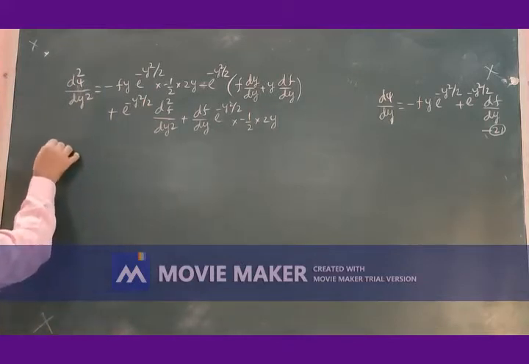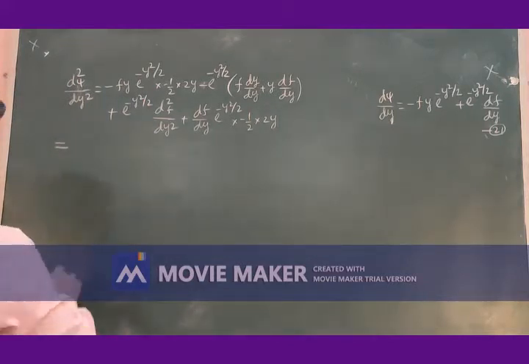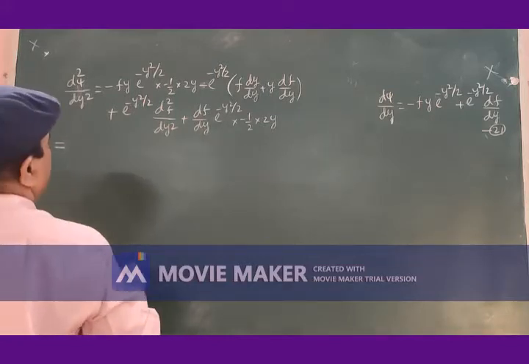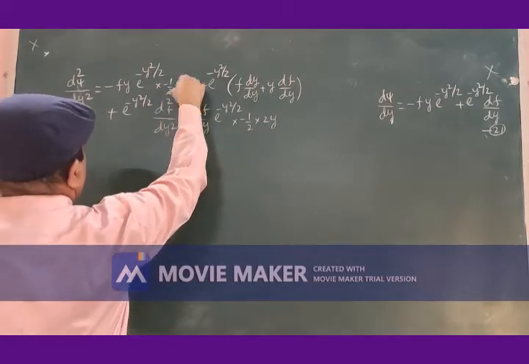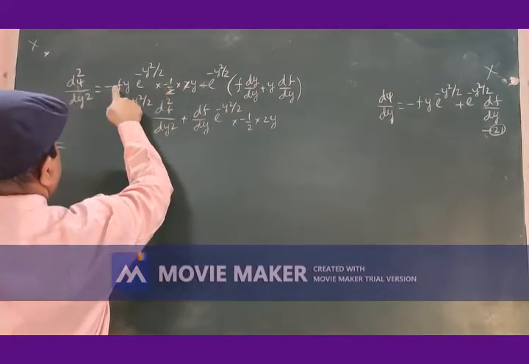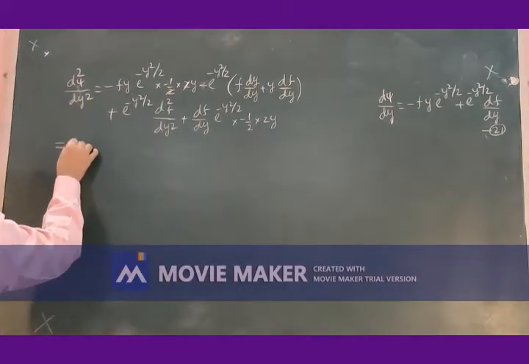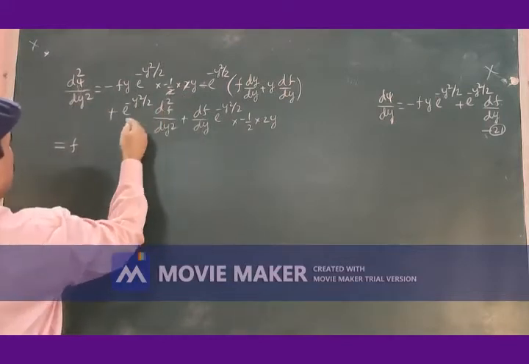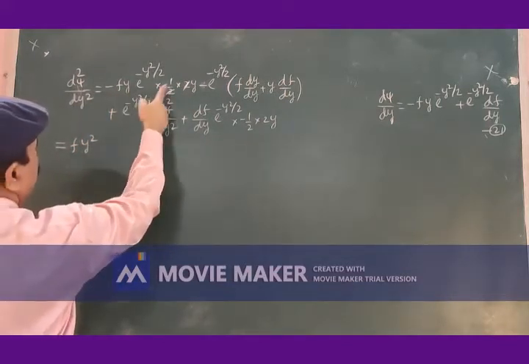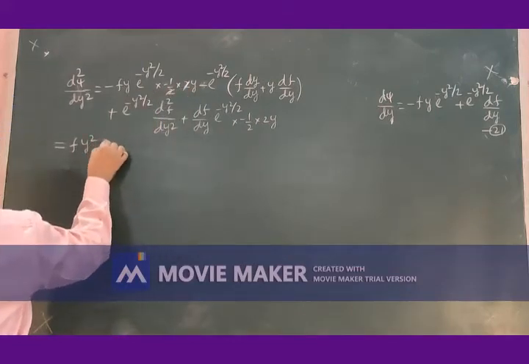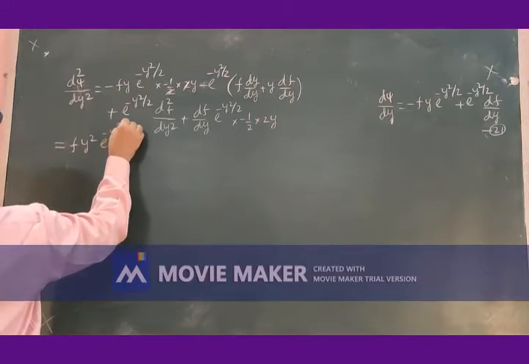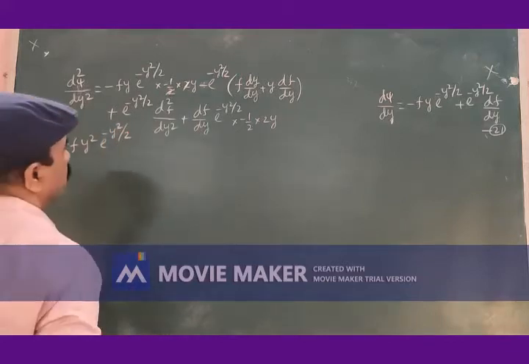This is equal to, the two gets cancelled, minus minus plus f y into y, that is f y square e to the power minus y square divided by 2.